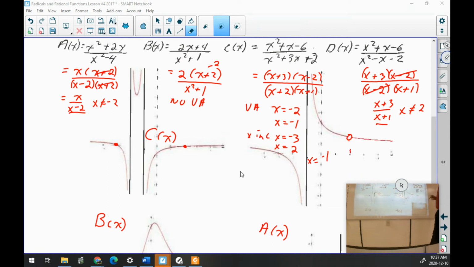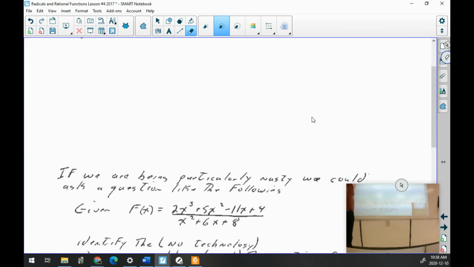And then we also have an x-intercept at -3 over here. So again, a bit of factoring, and then the important points: vertical asymptotes, points of discontinuity, and x-intercepts. I could also do y-intercepts, but those three things would be more than enough, as you saw in these graphs.